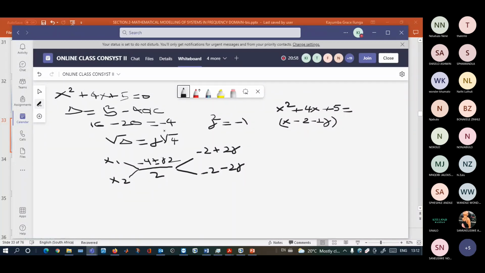Guys, there is a mistake, you didn't even see it. It's not going to be 2j, it's going to be j there, because this one times 2 is going to give us 1.